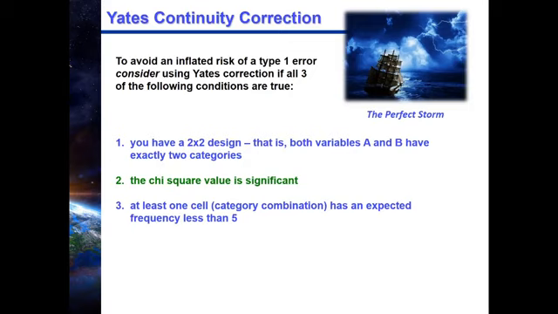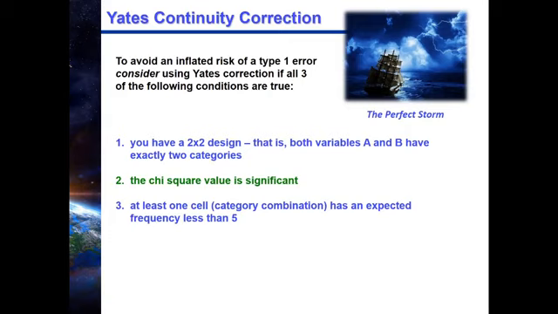And just to refresh your memories, where do you find that information? If you look at your SPSS output and go to the table where you actually see your chi-square value and the sig value for your chi-square, you'll see the continuity correction. Look at that table in your output file.